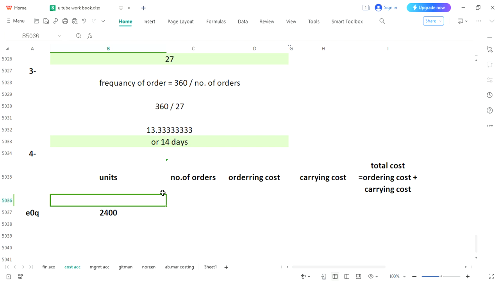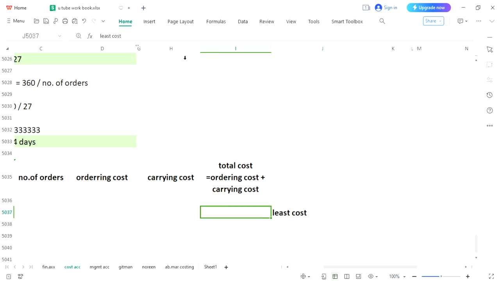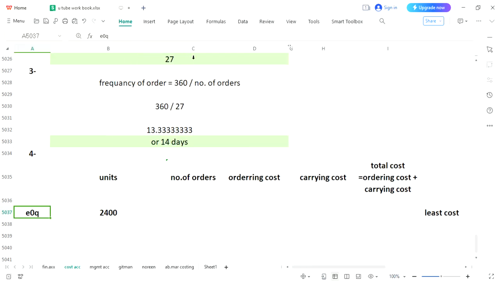Proof is what? When you will calculate ordering cost and carrying cost for 2400, the cost which would be calculated would be least cost. And our proof would be, when you will choose economic order quantity, your cost would be at lowest level.